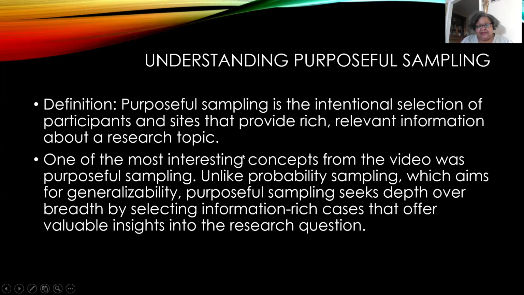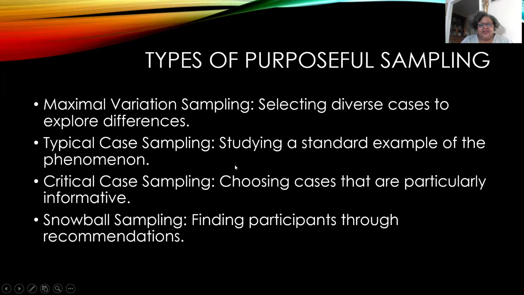Okay. So these are the different types of purposeful sampling. For example, snowball sampling is useful when it's hard to find participants, while maximal variation ensures diversity. These are used in qualitative research to capture meaningful data.